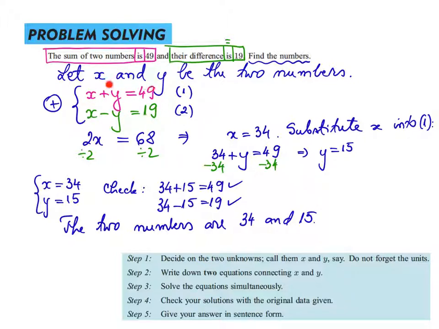And you write the two equations by reading the problem and trying to translate from English to algebra. Solve the equations simultaneously. You choose elimination or substitution. Find the solution, check your solution with the original data, and give your answer in sentence form. These are the steps.